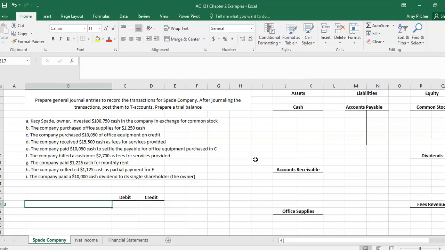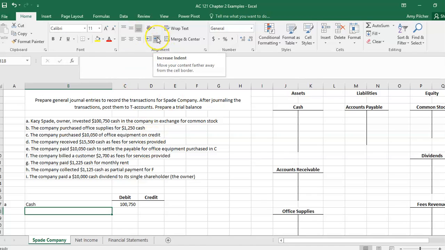When we're making a journal entry, we place the debit account first. In this case, the debit account is cash because we have increased the amount of cash we have in our company. So we will write cash as the account that gets debited and $100,750 in the amount in the debit column.